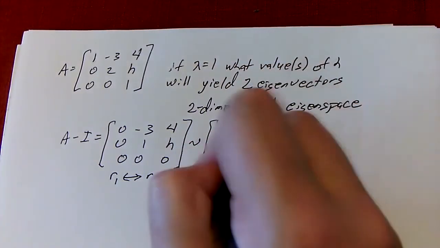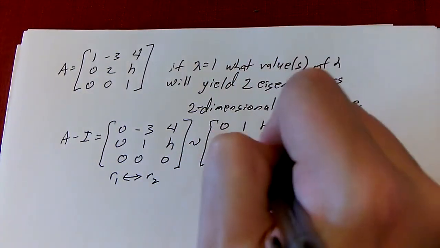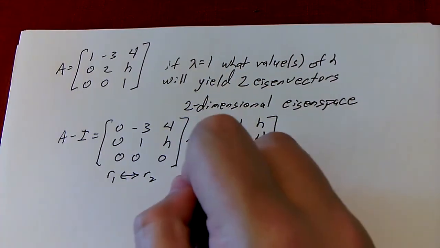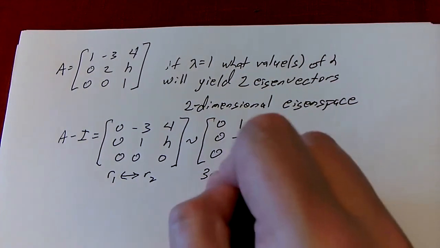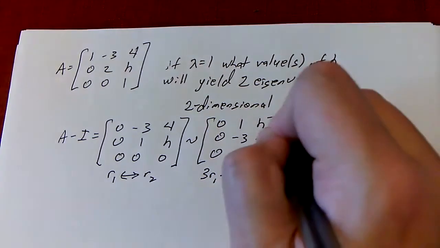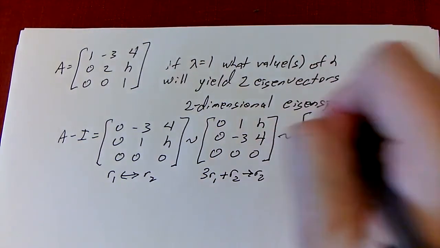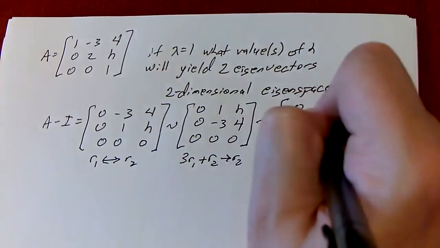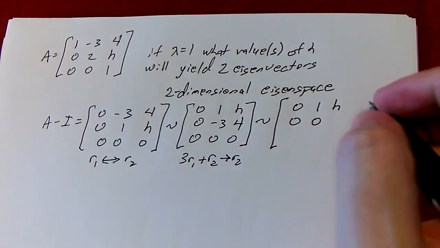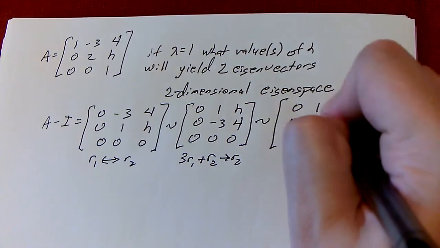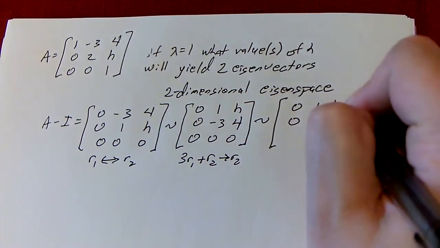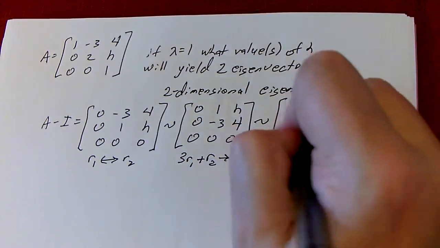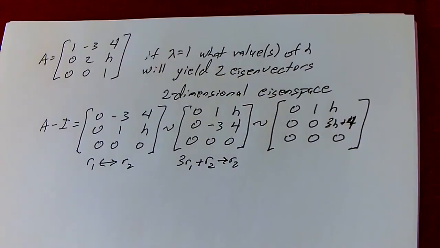It'll make my row operations just a little bit easier. Now I'm going to do 3 row 1 plus row 2 to replace row 2. So I'm still going to have 0, 1, H on the top row. The middle row now is going to be 0, 0, and I get 3H plus 4. All zeros then on the bottom row.